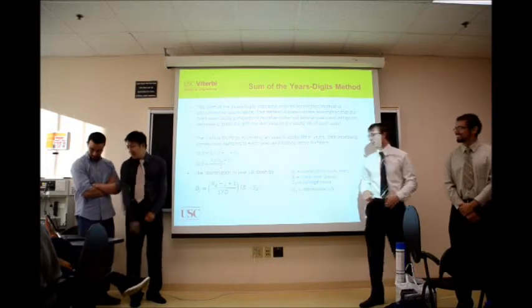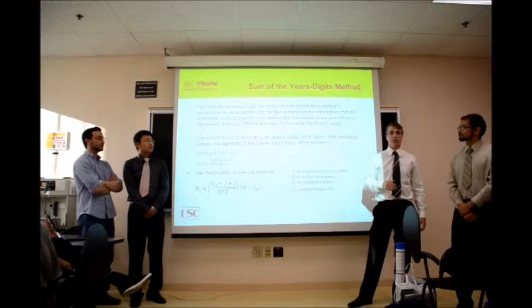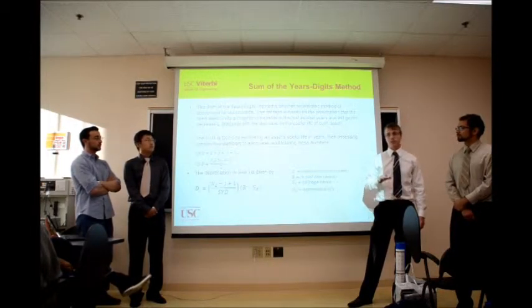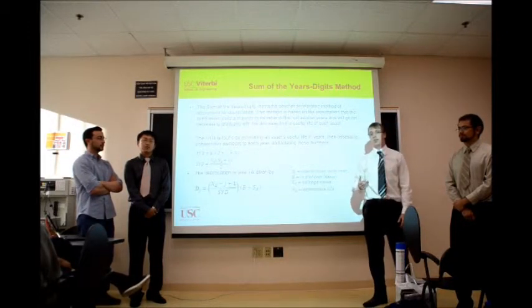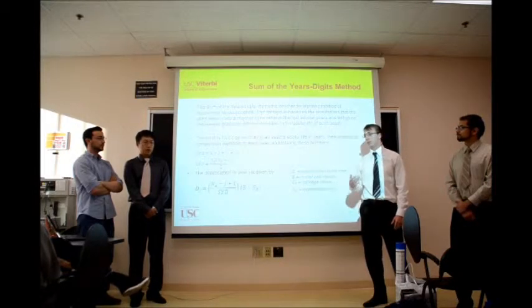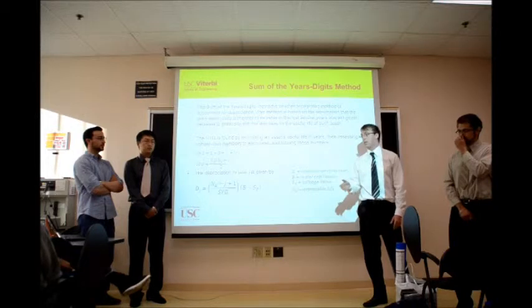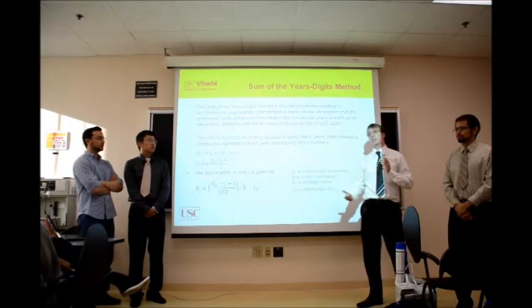Next slide. Another accelerated method of depreciation is the sum of years digits method. It's based on the asset losing much of its value in the first years of use, just like the declining balance method, but it's formed a little differently.